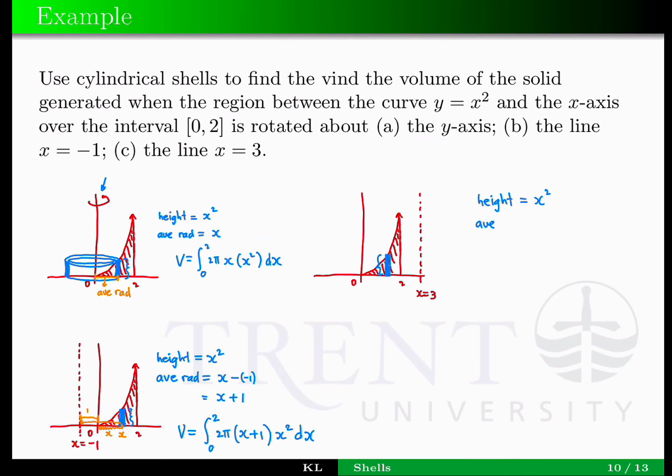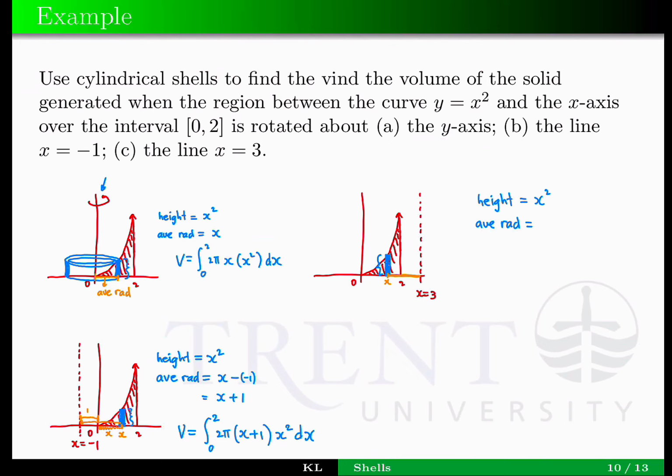But what will be the average radius? You get the x, that's the midpoint of that sub-interval, going to the axis of revolution. That's your average radius.